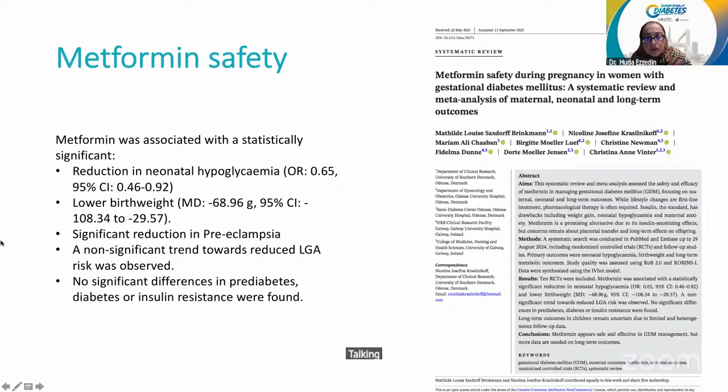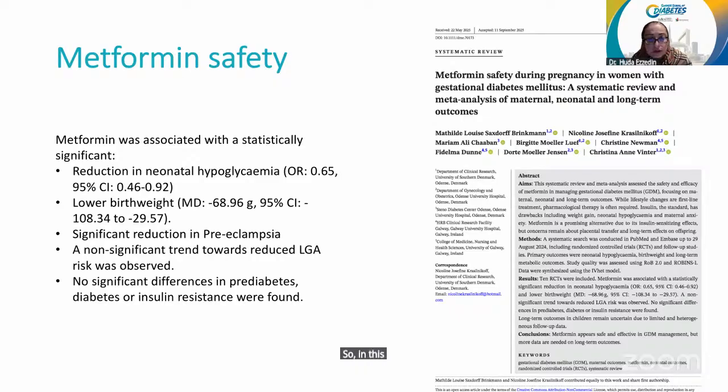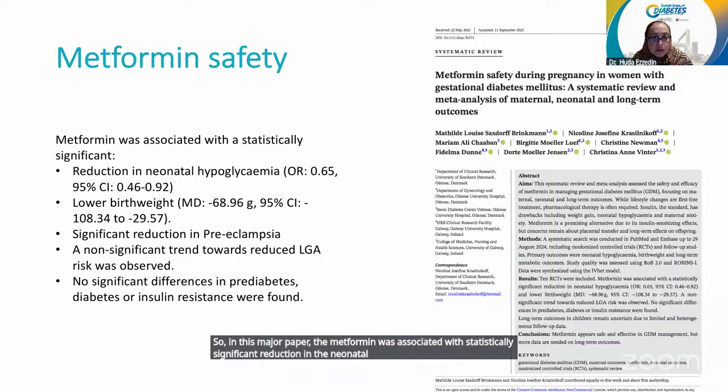Talking about metformin and later on other injectables, I just wanted to highlight a recently published article, a systematic review and meta-analysis looking at the safety of metformin during pregnancy in women with gestational diabetes. In this major paper, metformin was associated with a statistically significant reduction in neonatal hypoglycemia and lower birth weight, with a significant reduction in preeclampsia and a non-significant trend towards reduced large for gestational age.